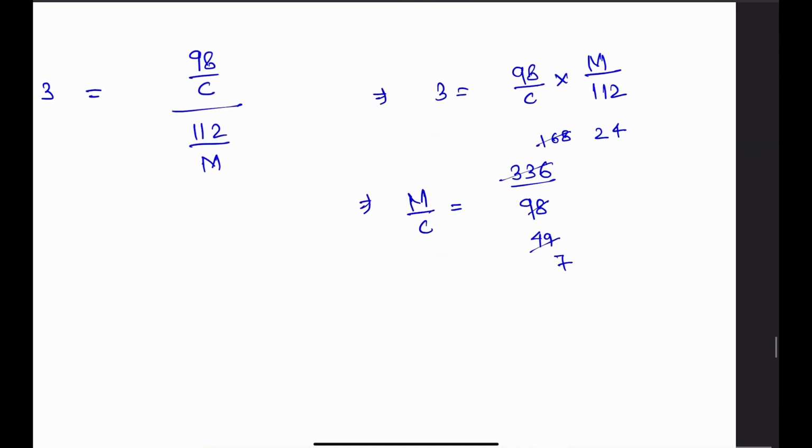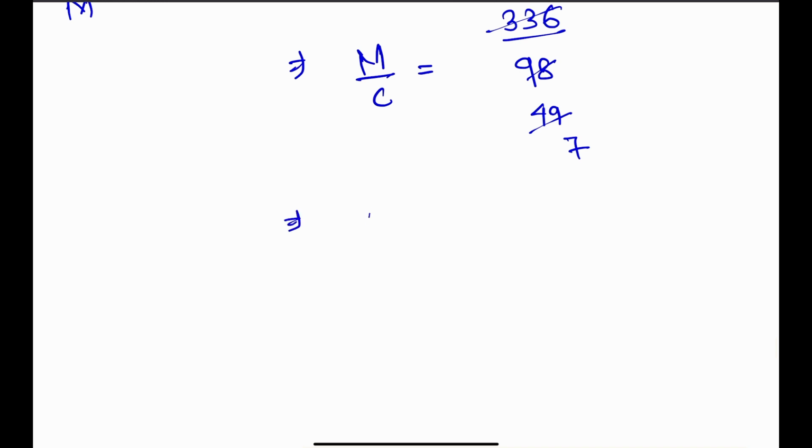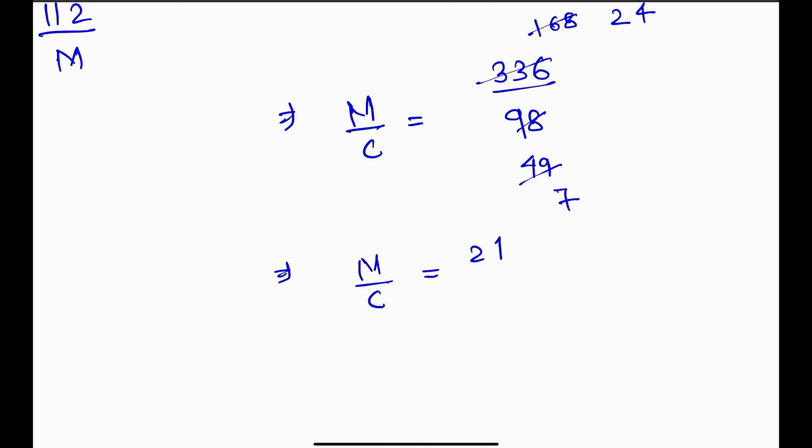So my ratio at the end, M upon C, is 24 upon 7.